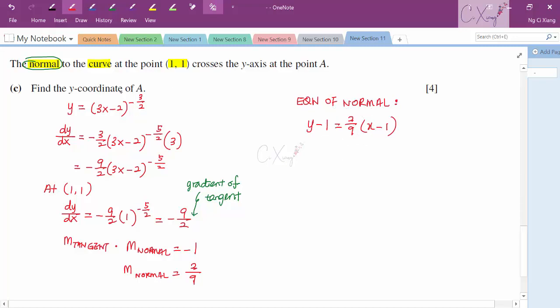And after that, if you go back to the question again, they are saying that the normal to the curve cross the y-axis. So when the line cross the y-axis, it means that x is equals to 0.